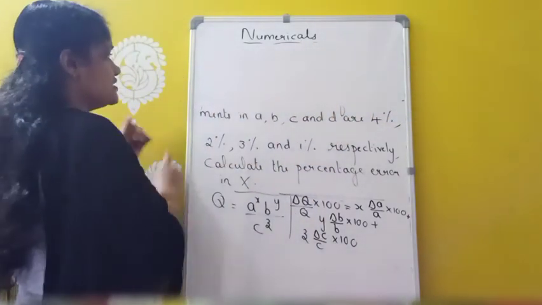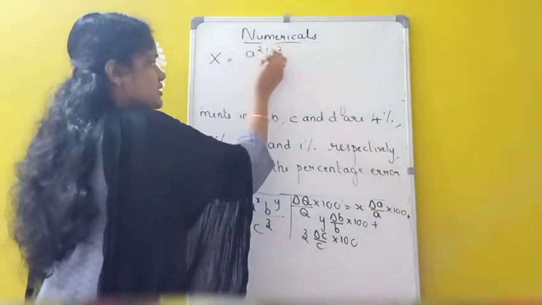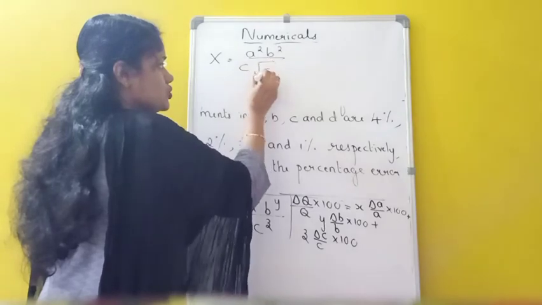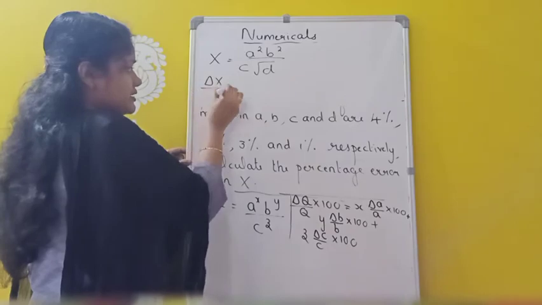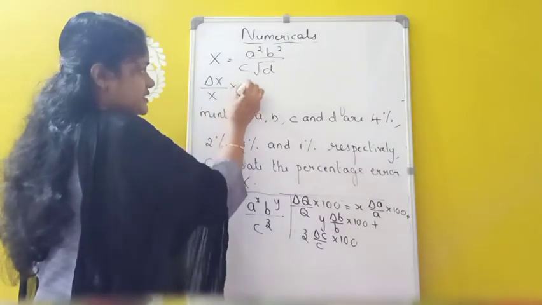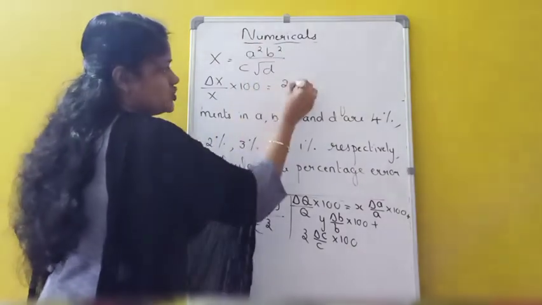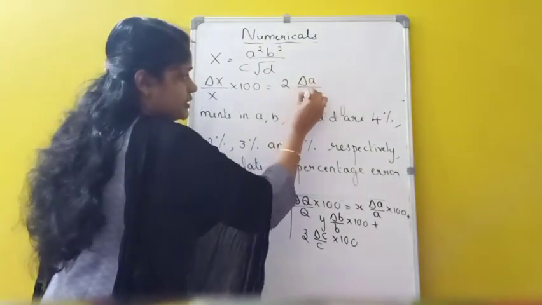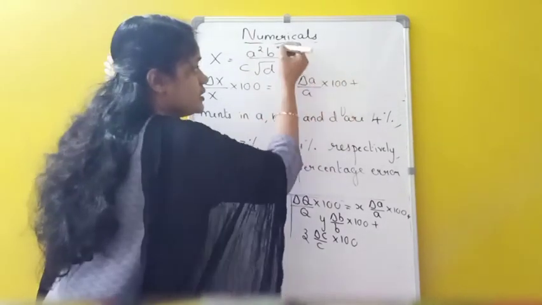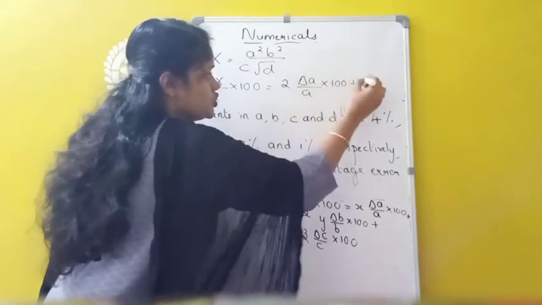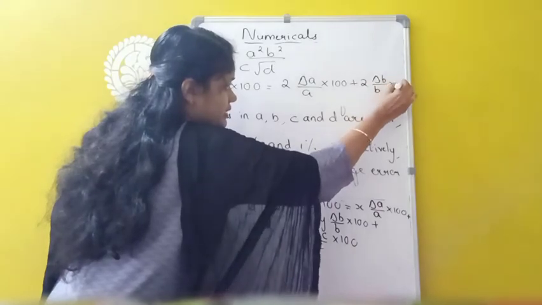So we have the physical quantity X equals A square B square divided by C into root D. So I am writing the percentage error here. Delta X by X into 100, percentage error in X, equals first term power is 2 into percentage error of A, that is delta A by A into 100, plus second quantity power is 2 into percentage error of B, that is delta B by B into 100.